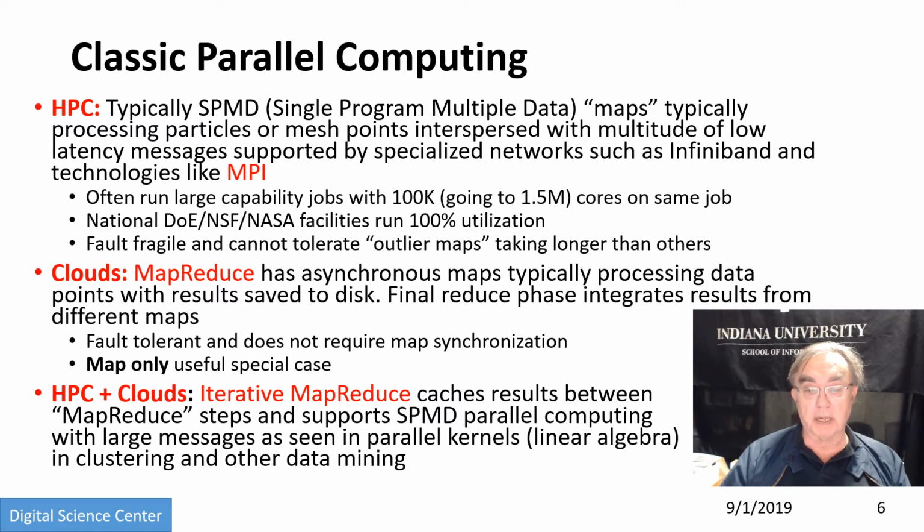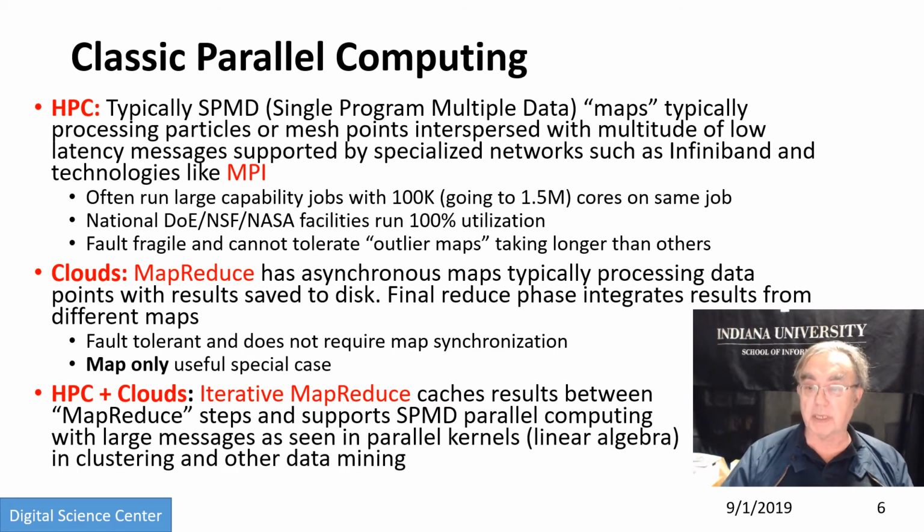Okay, so then we have MapReduce, which has asynchronous maps. It's just pointed out here that one feature of MapReduce is that it is very tolerant of some outlier jobs taking longer than others.